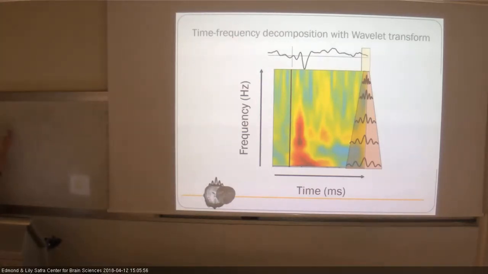Then when I convolve this function over this function, I would get a low value here, a high value here, and a low value here again. And when I do the same with a higher frequency wavelet, I would probably get the same low value across the function.